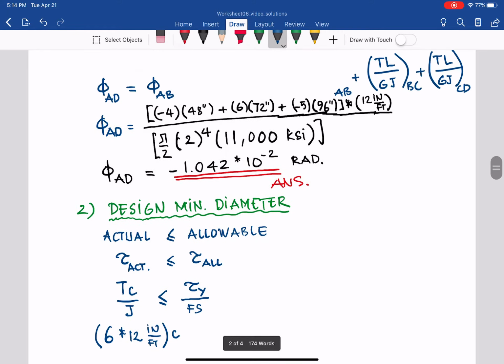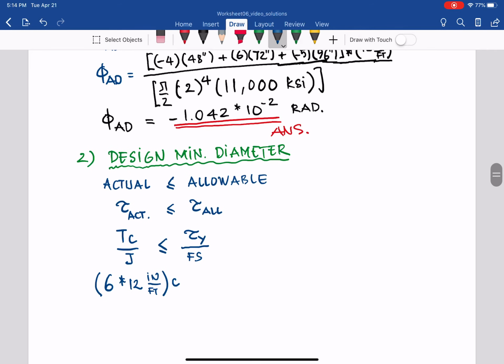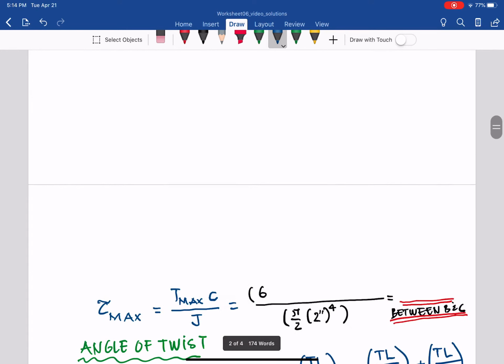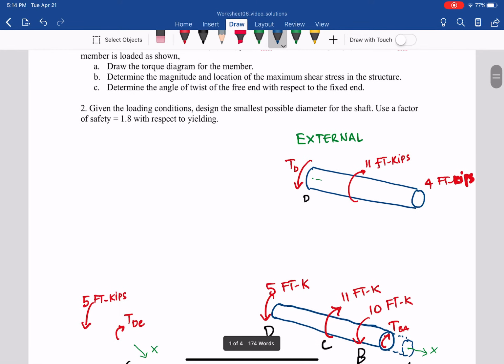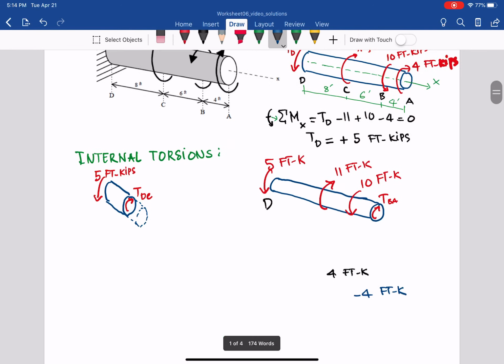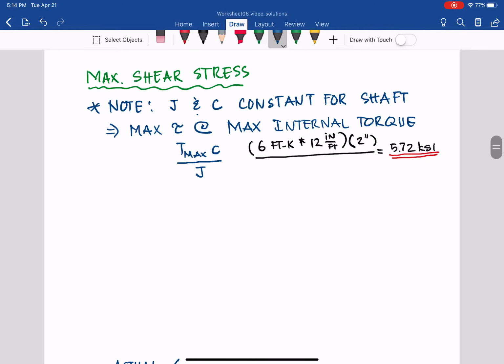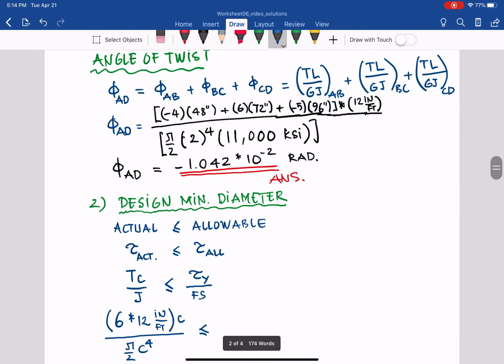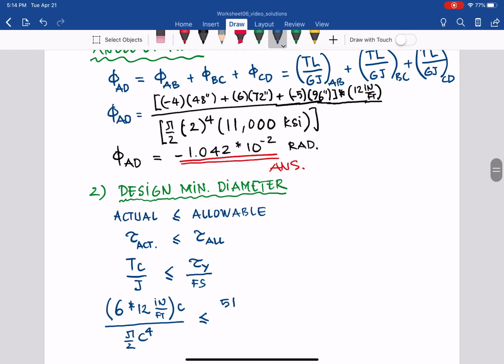In the previous one, C is 2 inches, given the diameter is 4 inches. But here they want us to find it. So we have J equal to pi over 2 C to the fourth, and less than or equal to Ty. For this problem, they give us Ty as 51 ksi, so we plug in 51 divided by the factor of safety, which they gave us as 1.8.